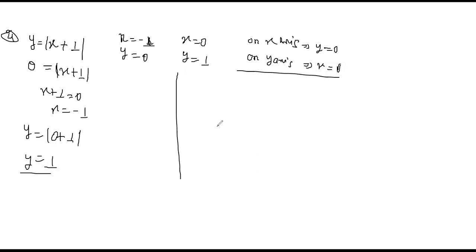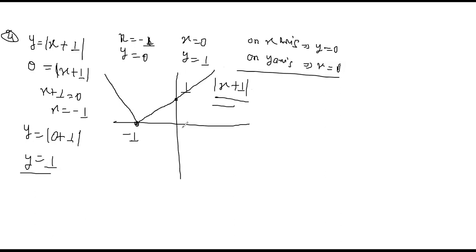When you plot the graph, x is equal to -1 here and y equal to 1 here, so the graph will be this, for mod of x plus 1. Got it? If you want to point on the x-axis here, then its coordinate is -1, 0.